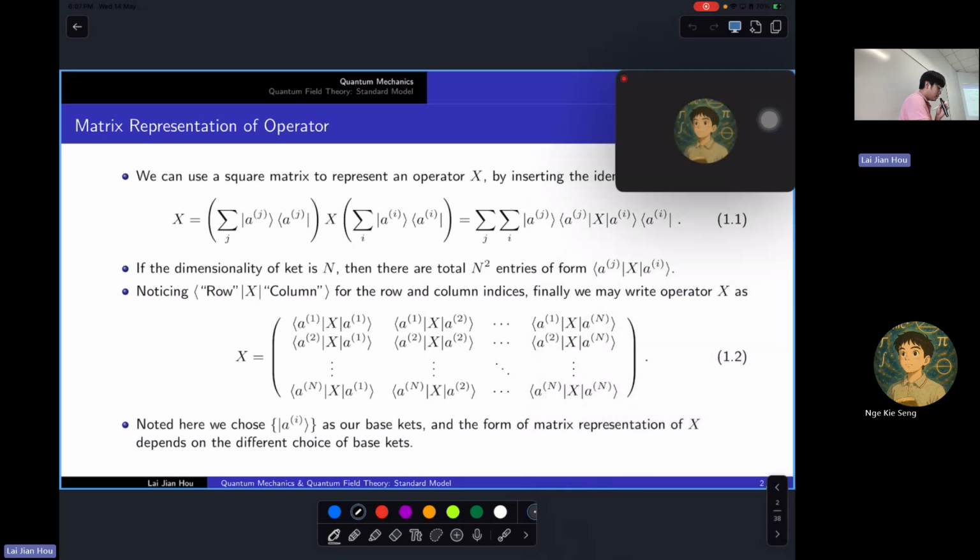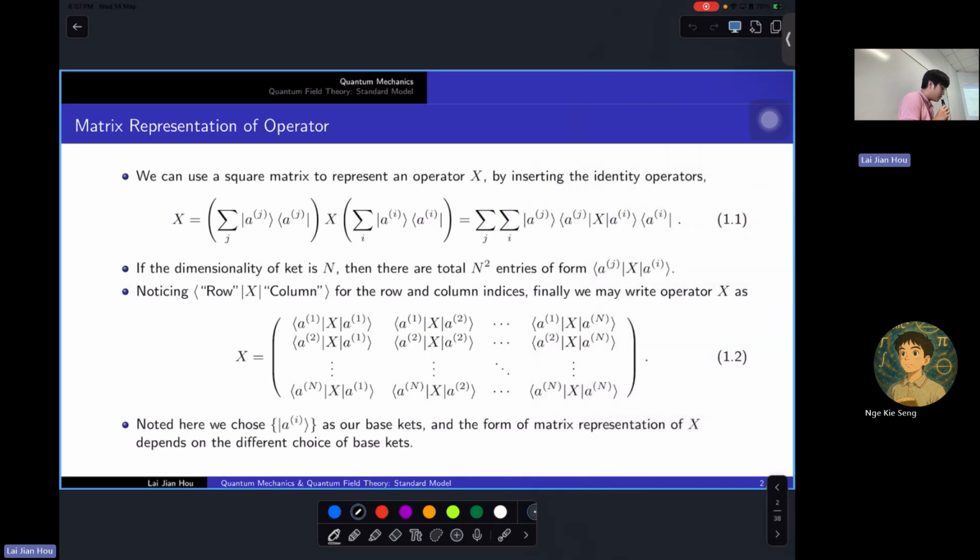So in the sense that we have the basis kets, and the sum runs over the indices i and j. Let's say the dimension of the ket we use to represent the physical state is n, so we'll see that the matrix representation of that operator has a total of n squared entries.